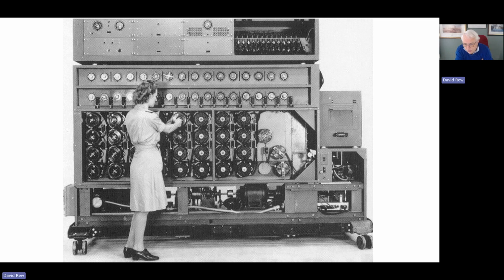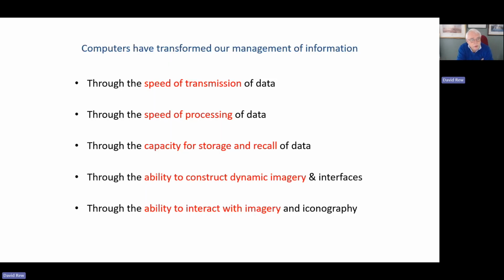The other component of this is, of course, computers. The principles of data visualization have been around for centuries, but computers have transformed our ability to manipulate data, do all sorts of things with it. They give us huge speed of transmission, with the internet in particular. They give us huge speed of processing data and manipulation to do with almost what we want with data now.